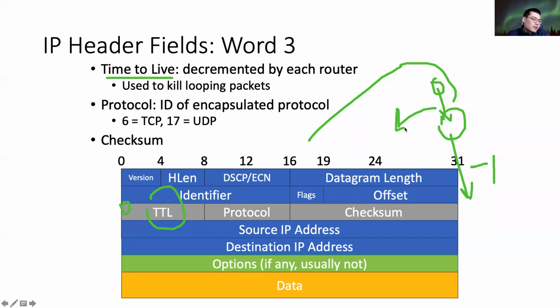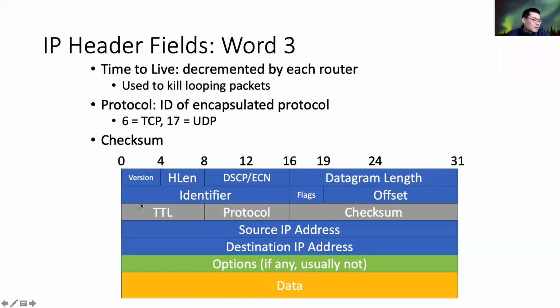Some routers may even be more friendly. It will tell you, hey, I find its TTL becomes 0, you cannot continue sending. It's failed. It will give a negative acknowledgement, which is even nicer. Otherwise, usually the sender, if you are running TCP on top of the IP, will find it's timeout and will resend again.